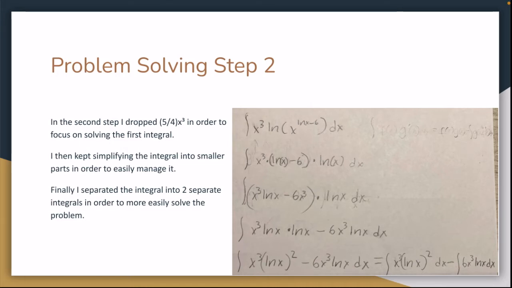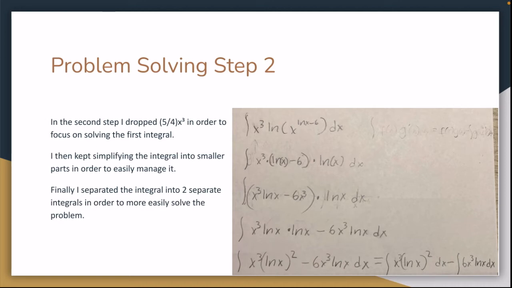Over here I was confused because I didn't know if the exponent was natural log of x minus 6, or if it was natural log of just x and then minus 6 on the outside. So I plugged it into Desmos to make sure, along with the answer that was given to me on the MIT integration bee, and I learned that it was the natural log of x separately, minus 6.